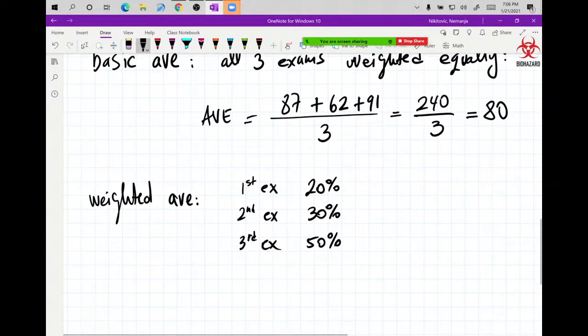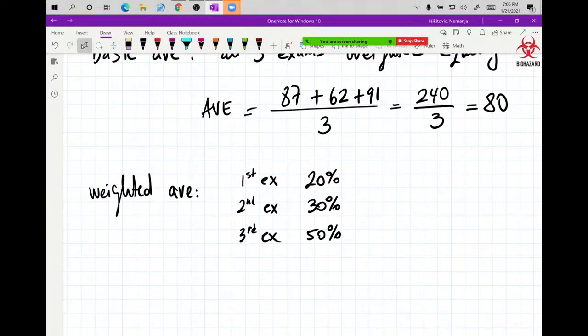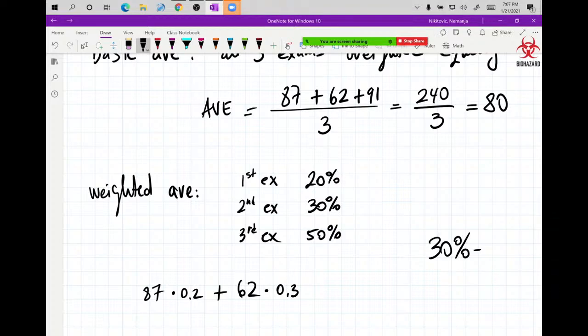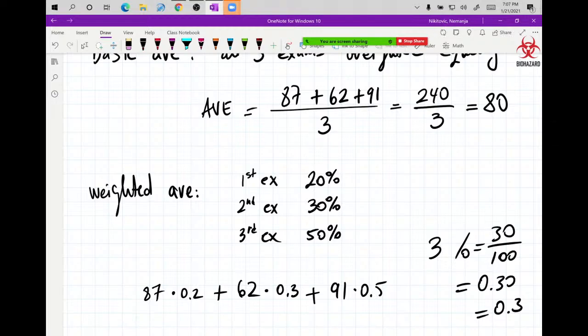Well, in this case, your average is computed differently. You are going to compute the first grade times 0.2 plus your second grade times 0.3, because that's 30%, right? 30% is 30 over 100, which as a decimal is 0.30, which is 0.3. So 30% is 0.3. And finally, we have the last exam, 91 times 0.5.